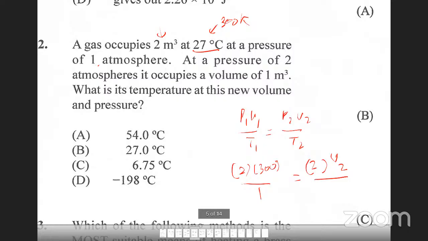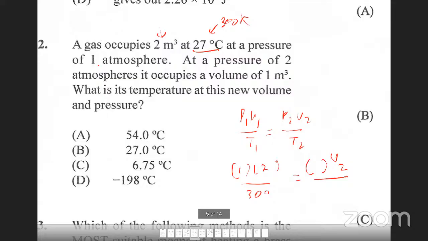Wait, did I write it in the right place? P1 is 1, sorry. All right, I'm in the wrong place. Hold on. P1 is 1. V1 is 2. Yes, 300.